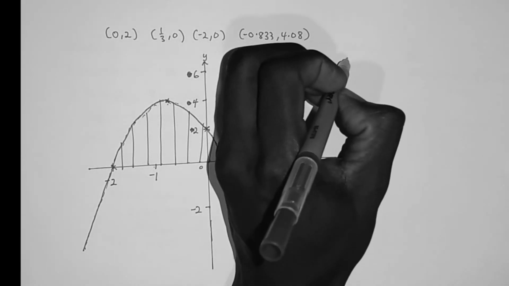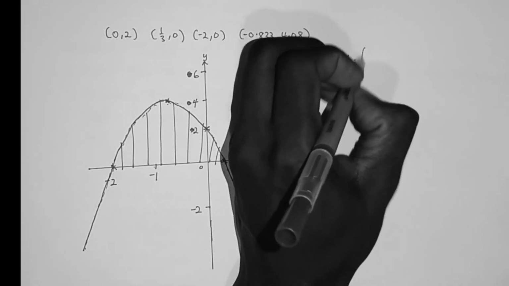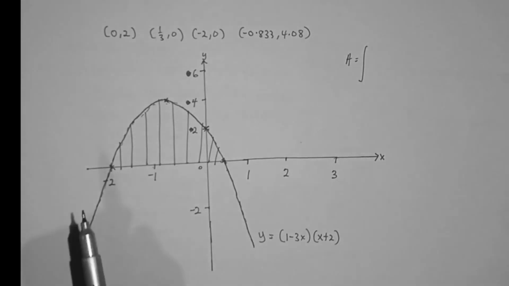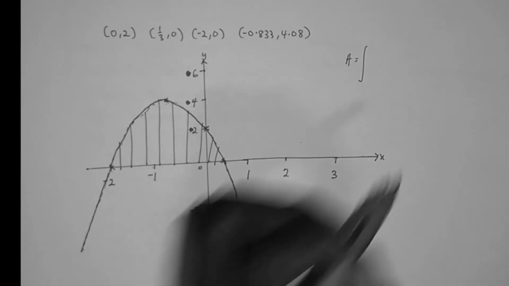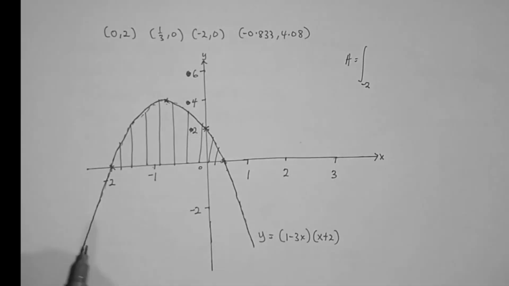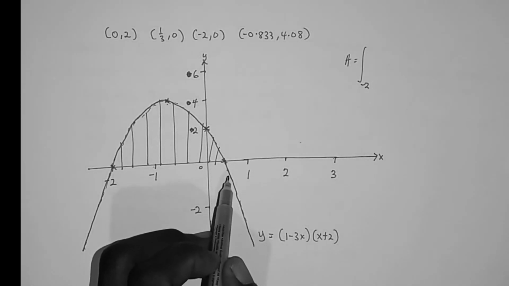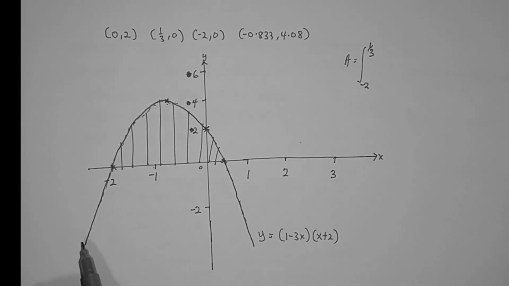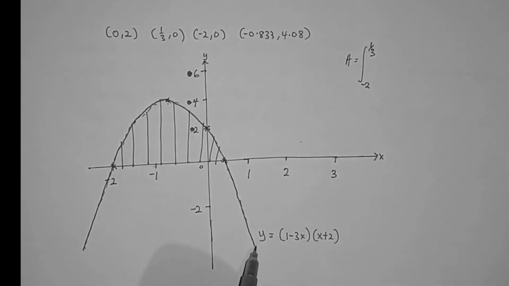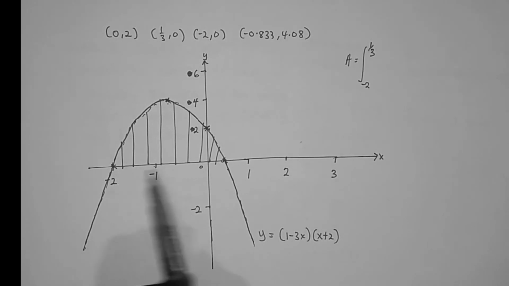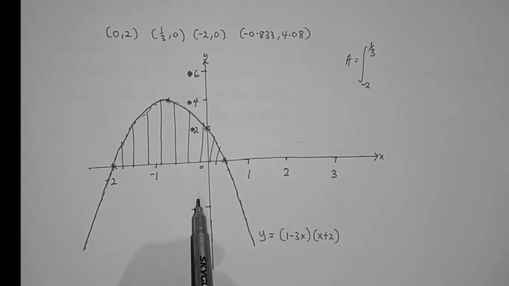And we know that area A is equal to the integral from the lower limit to the upper limit. So the lower limit is minus 2 in this case, and then the upper limit is 1 over 3. Then the function on top is the curve y, and the function beneath is the x-axis. The x-axis is the same as the line y equals 0.